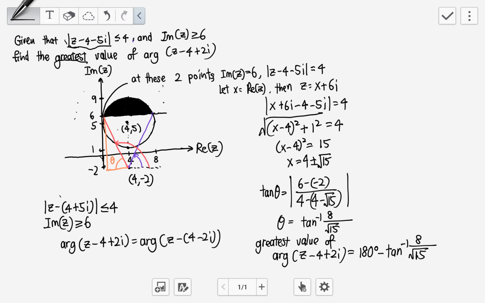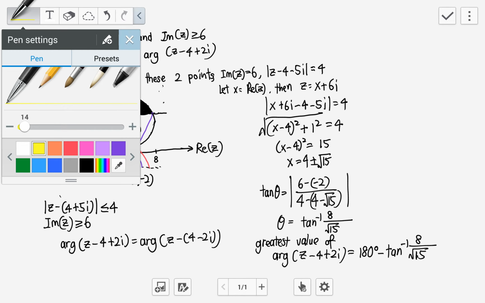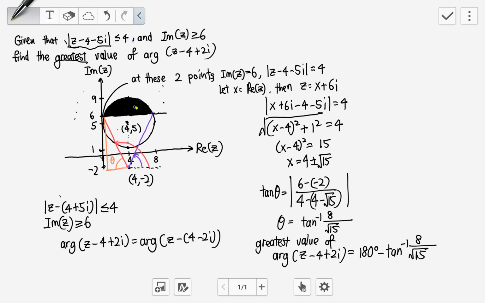That means the angle we are trying to find could be this. If the thief happens to be here, then the angle that the thief makes with the point 4 minus 2i, which is the coordinate 4, negative 2, would be this yellow color angle.